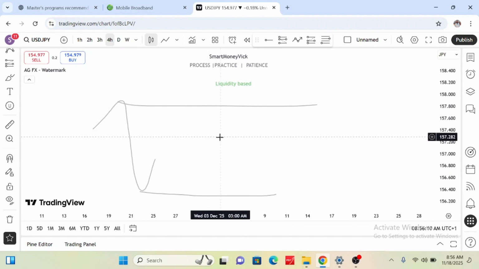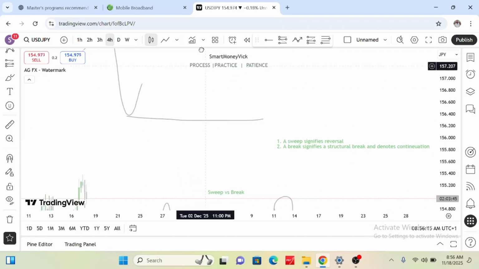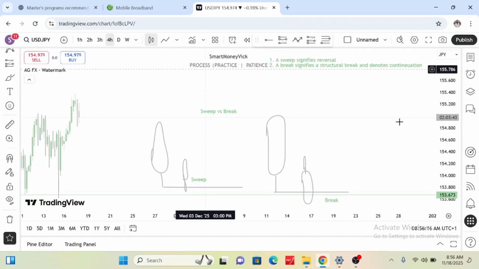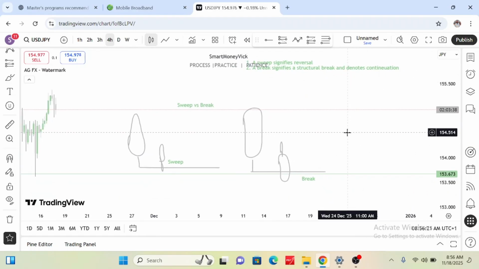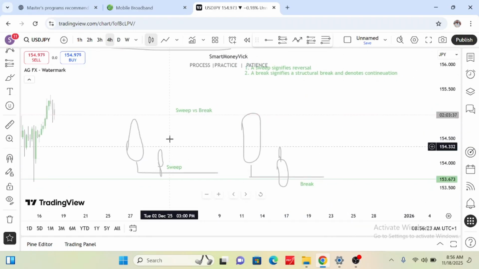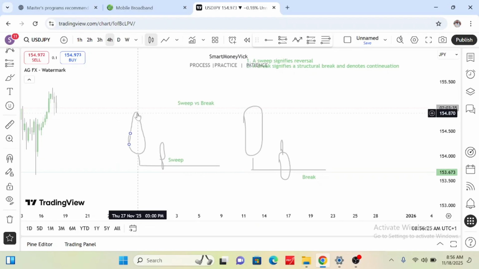So now let's go deeper into what we are here for today. First of all, we need to understand the difference between a sweep and a break. Now, what is a sweep? A sweep of liquidity is when, say, a candle trades below the low of a previous candle, but fails to close below the low of that candle, then rejects instantly and closes above the wick of that candle.